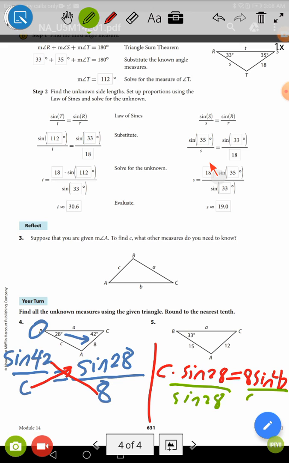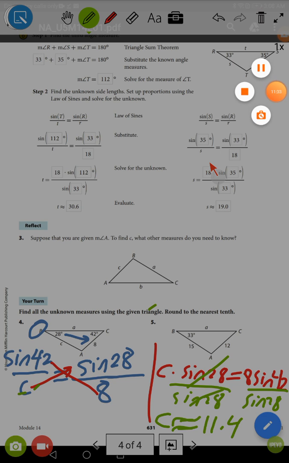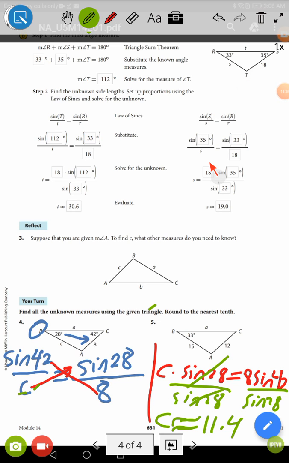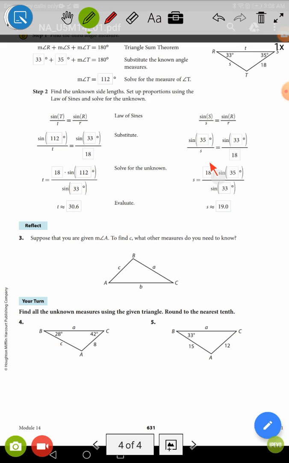So C equals, using your calculator, about 11.4. Okay, move to the last problem.